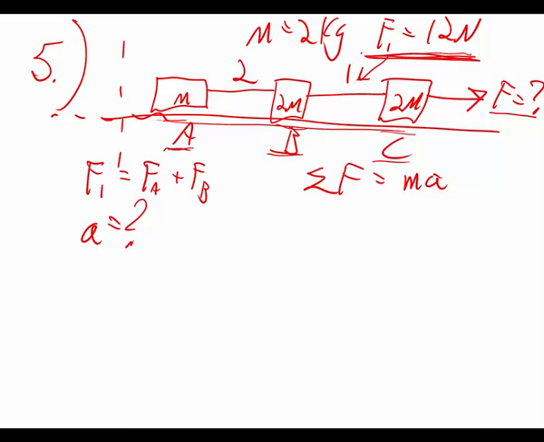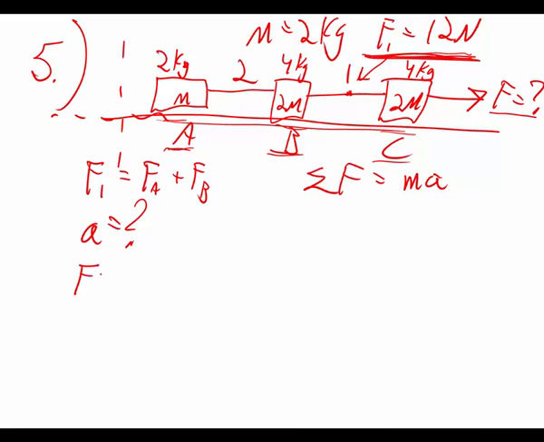Because remember, that is the net force right here on that cable. So this block is 2 kilograms? Remember, M is 2 kg, and so 2M would be 4 kilograms, and this one would be 4 kilograms, wouldn't it? Does everybody see where I'm going?